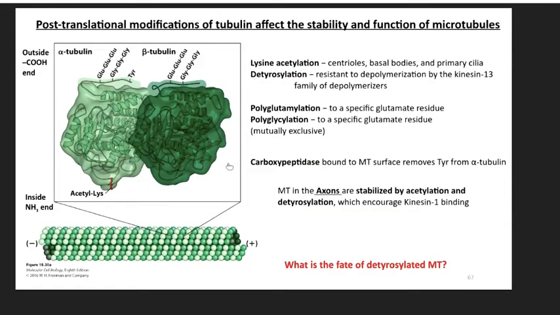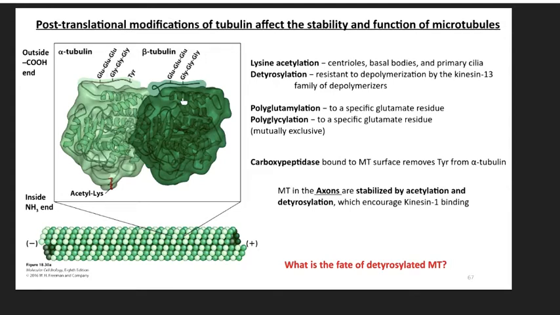Okay, what happens in case of post-translational modification of alpha and beta tubulin dimers? So polyglutamylation and polyglycylation happen at a specific glutamate residue, but they are mutually exclusive, and this can happen on both alpha as well as beta tubulin.